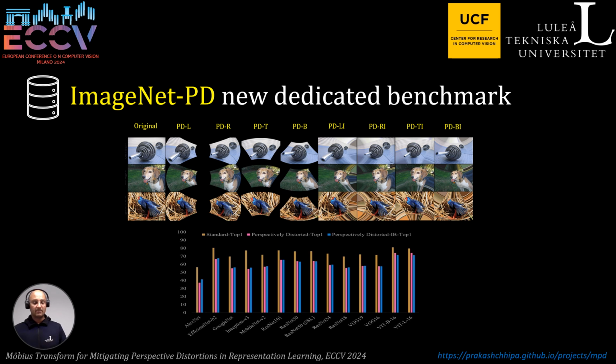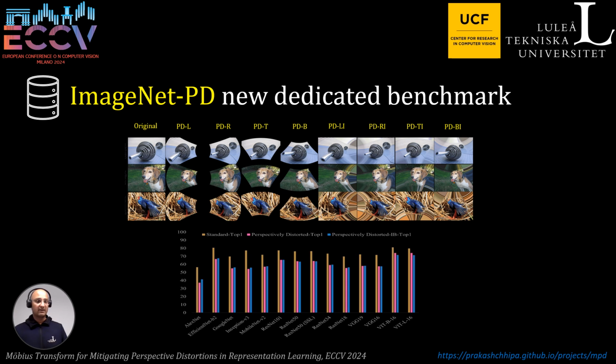Since perspective distortions cannot be estimated in general because the camera parameters are unknown, there was no such benchmark or dedicated dataset available. To fill this research gap, we developed a benchmark called ImageNet-PD, which is derived from the original ImageNet validation set. It has 8 subsets, which you can see on the screen: 4 orientations with the left, right, top, and bottom views, and their background-padded variants.